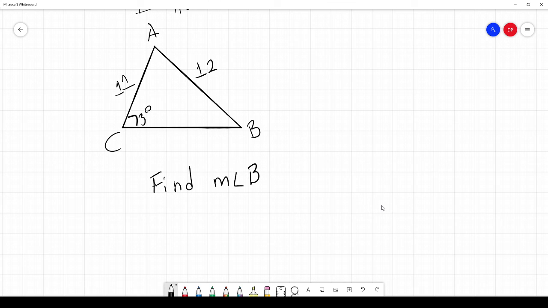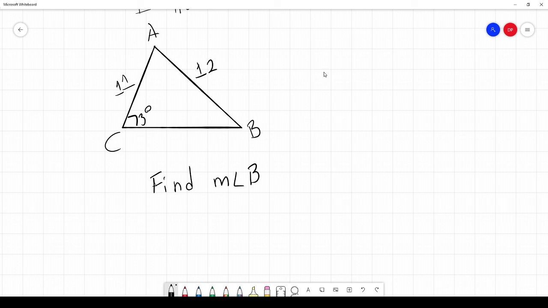Notice the information we have here: the measure of angle C, 73, and the side length opposite it. We know this would be side B because it's opposite angle B, and this is what we're trying to find.